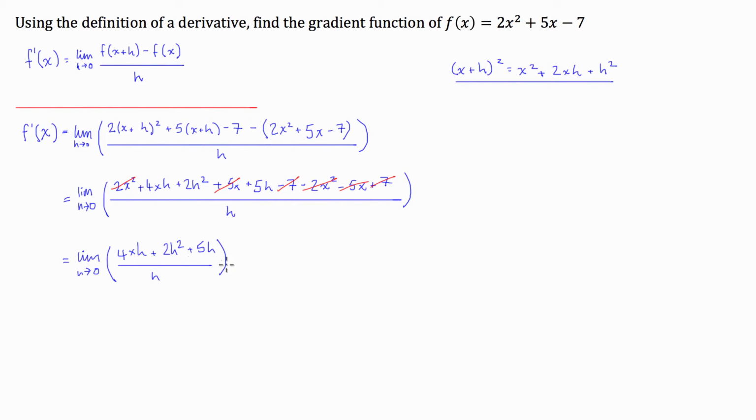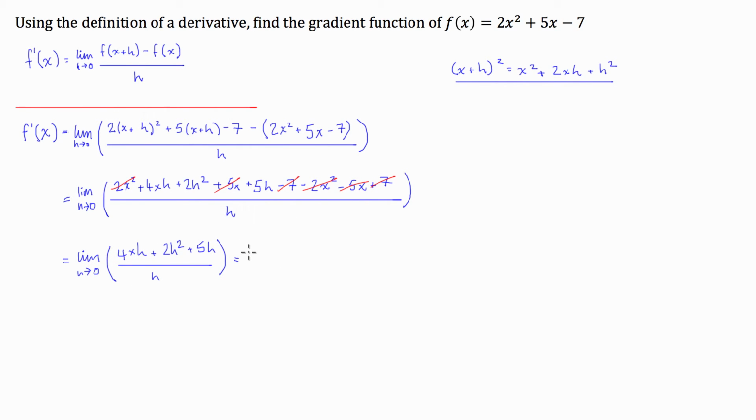So the next step that you will always have to do is you're going to factorize, because if we're going to take h equal to 0, this denominator here will tend to 0, and then we will have an undefined fraction there. So what we have to do is we have to try and cancel out or get rid of the denominator. So the way we do that is we're going to factorize the numerator.